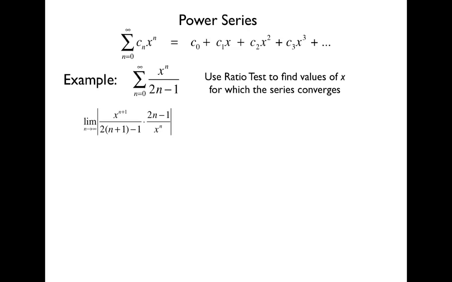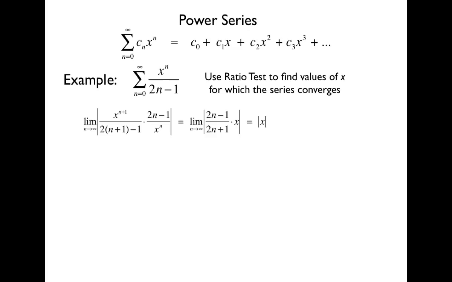Okay, and then how'd you go from there? And then I switched the denominators. Okay, just the way you group them. And then the x to the n plus 1 over x to the n, you just get x on top. There's just one more x on the top. That one's just x times 2n minus 1 over 2n plus 1. I just got 1 for that, so I just got x, because it's x times 1.